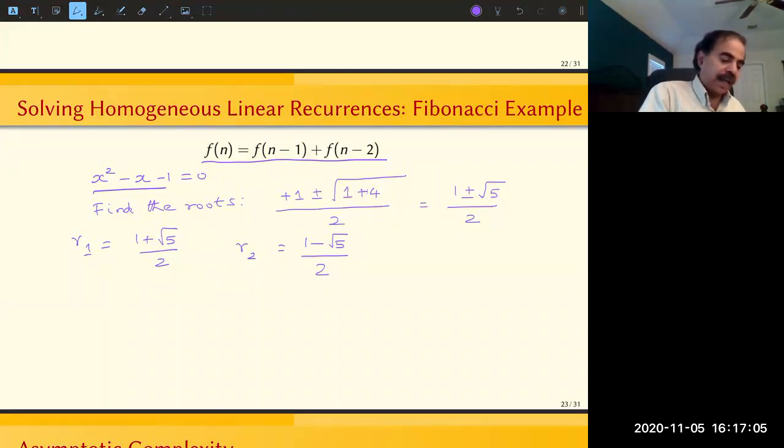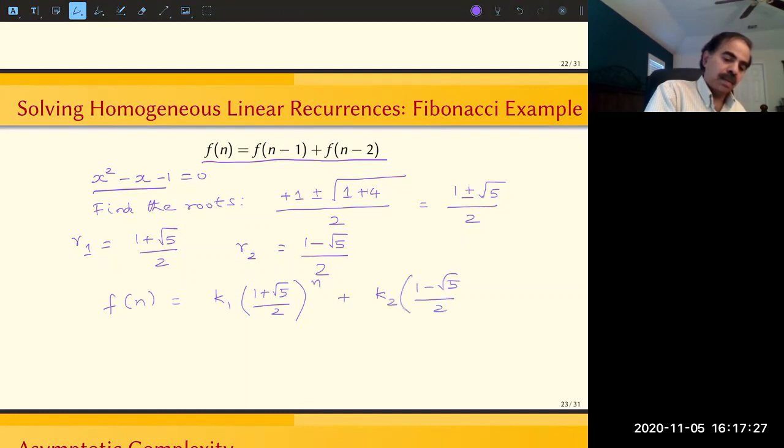So then we can say the solution is f of n equals k1 times r1 to the power n plus k2 times r2 to the power n. Now what we can do is set n equal to 0.